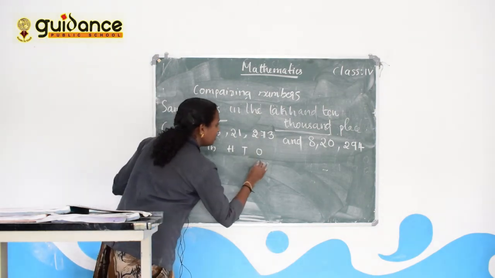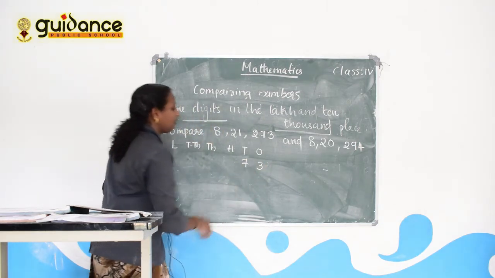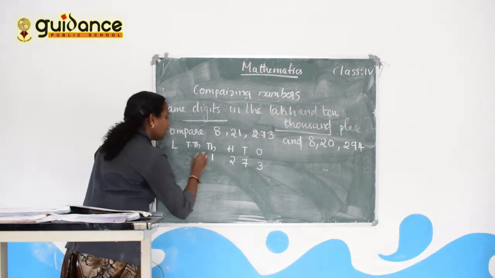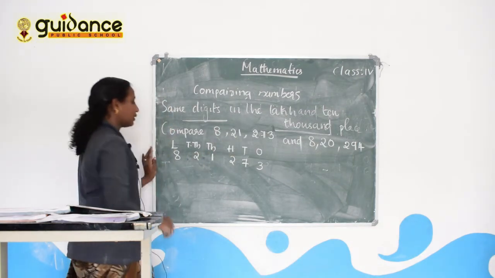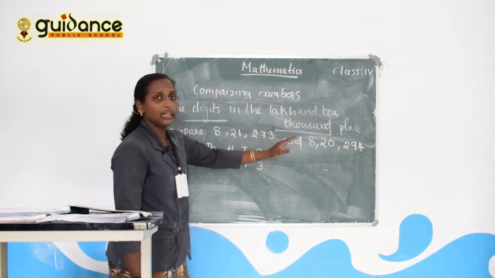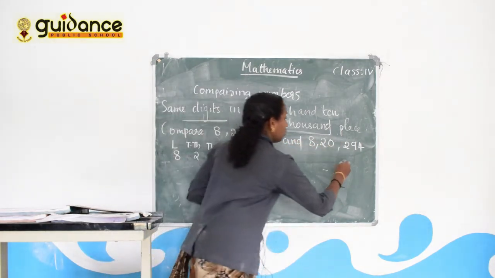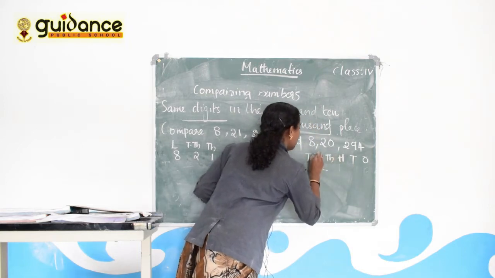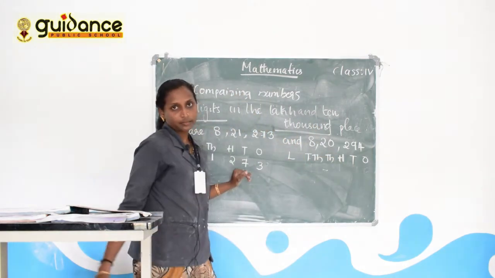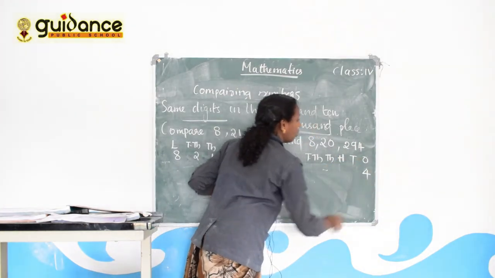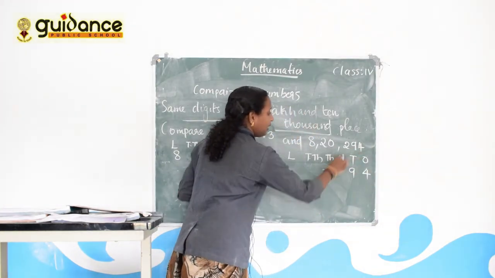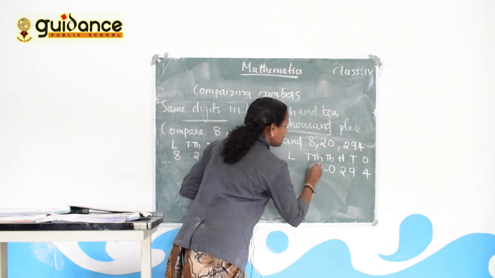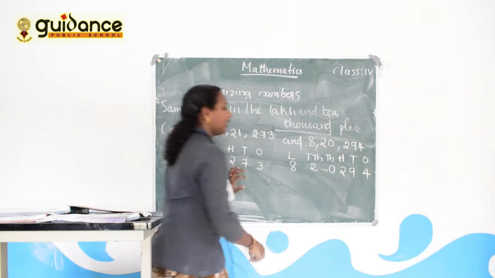Ones 3, tens 7, hundreds 2, 1,000 is 1, 10,000 is 2 and lakh 8. Similarly, write this one: ones 4, tens 9, hundreds 2, thousands 0, 10,000 is 2 and lakh 8.